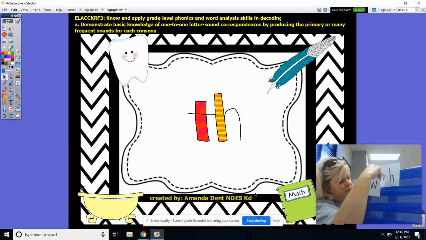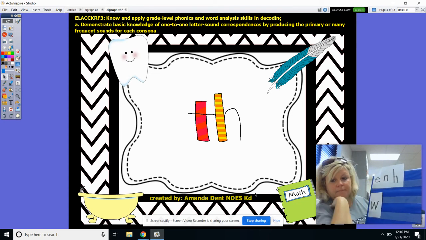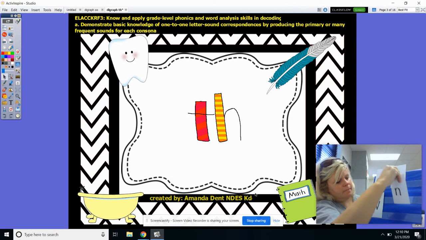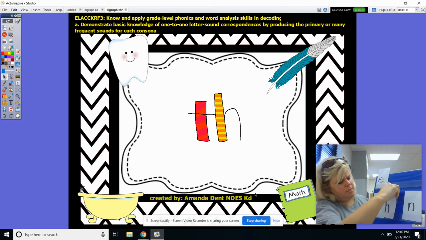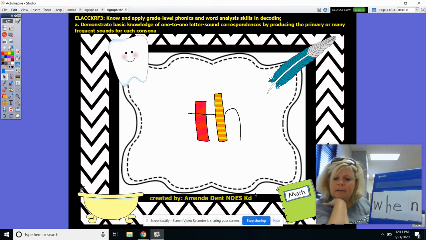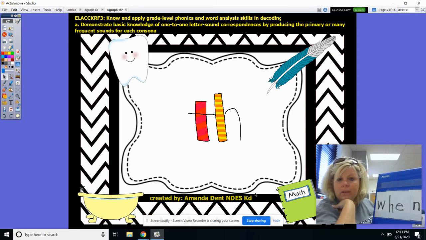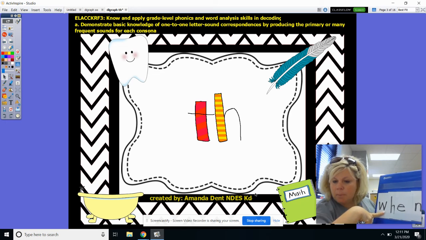It starts with a W. I'll tell you the ending sound. N. What sight word could this be? W, H, E, N. What's that word? When. For example, when are we going to go back to school? I don't know, but I can't wait. Okay, so this is sight word when.